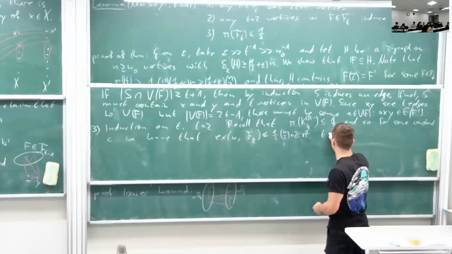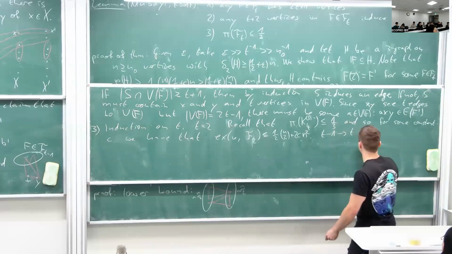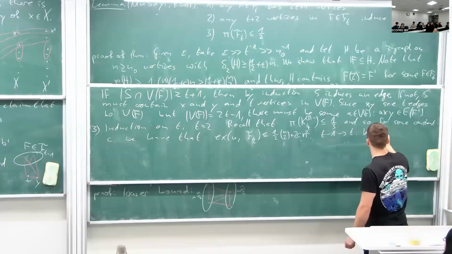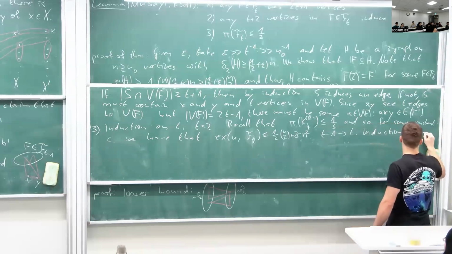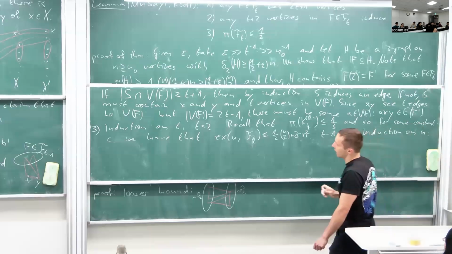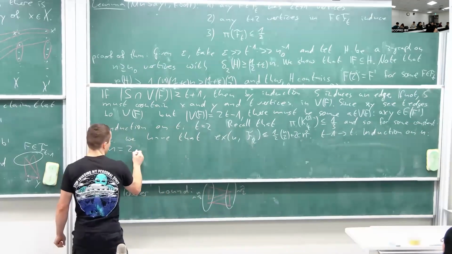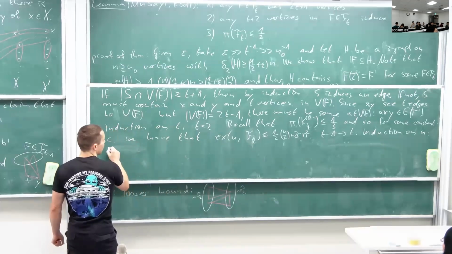So t minus 1 to t. We do an induction on n. And so if n is equal to, or so, and what do we prove by induction?